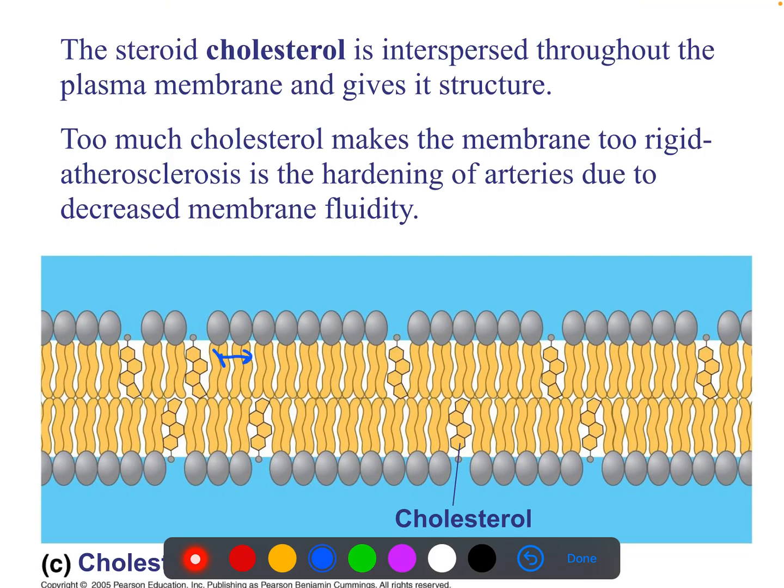These phospholipids are constantly moving around. They're switching places with each other. All molecules have energy and are going to be moving around. What cholesterol does is stop these phospholipids from moving apart too much, so that they can't create big holes in the cell membrane.